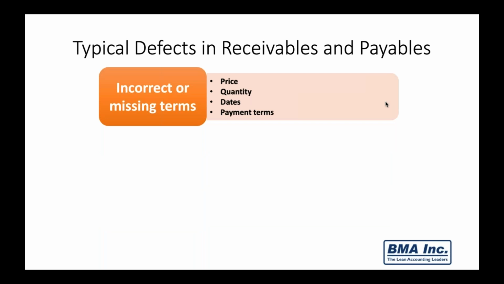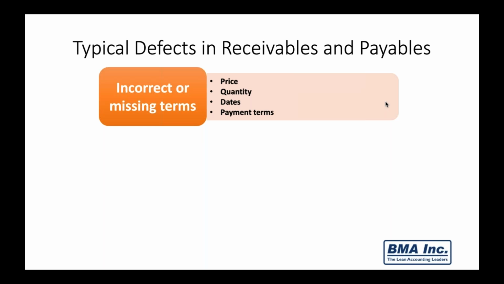First is incorrect or missing terms. Typically, this revolves around price, quantity, dates, or maybe payment terms. And what I mean by payment terms, it might be something specific like percentage complete.